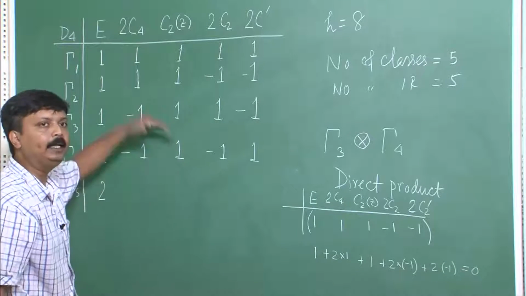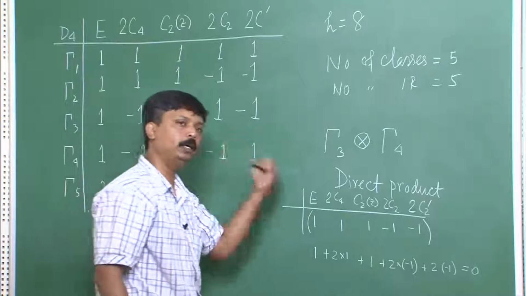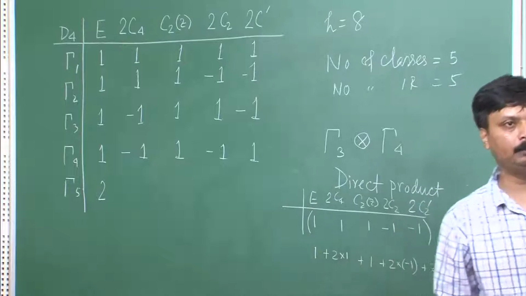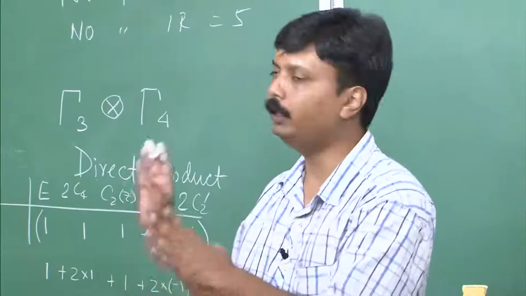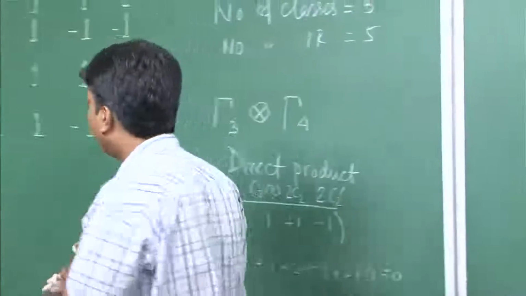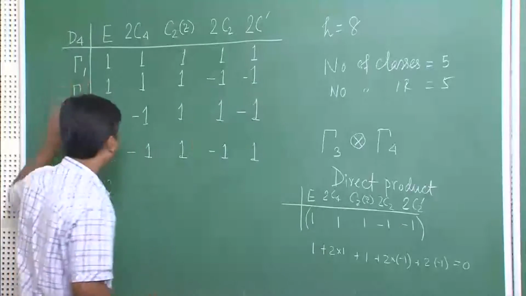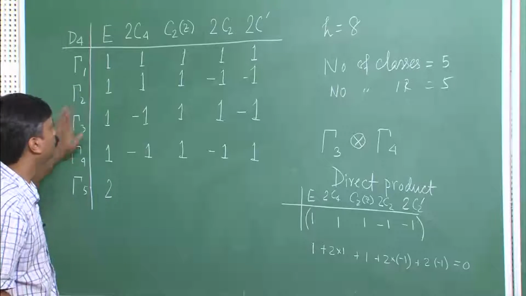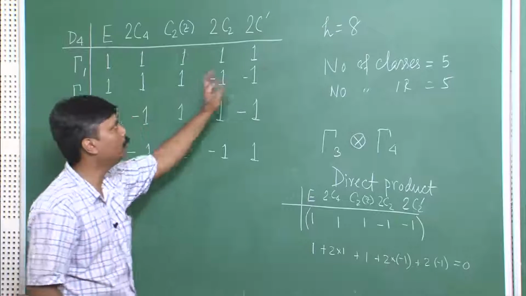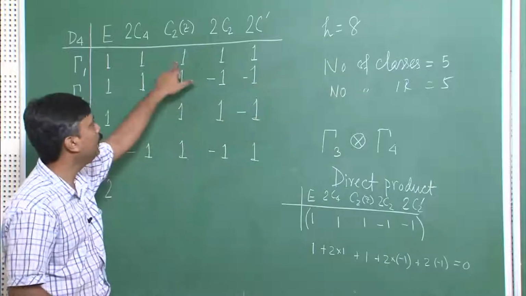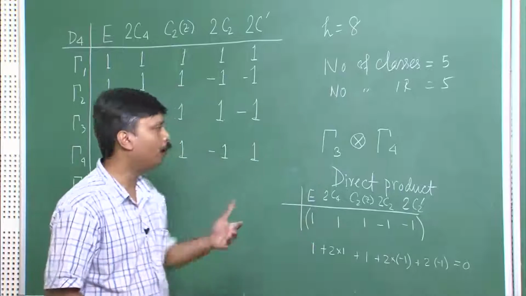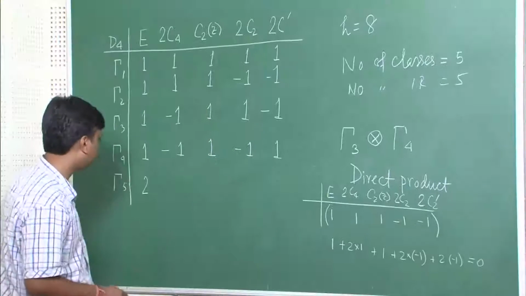You can take any two irreducible representations and verify this orthogonality relation, which is also telling you that whatever you have got for gamma 1 to gamma 4, they are correct. Each of them is normalized to the order of the group, and any two IRs are orthogonal to each other. So, they are forming an orthonormal set.